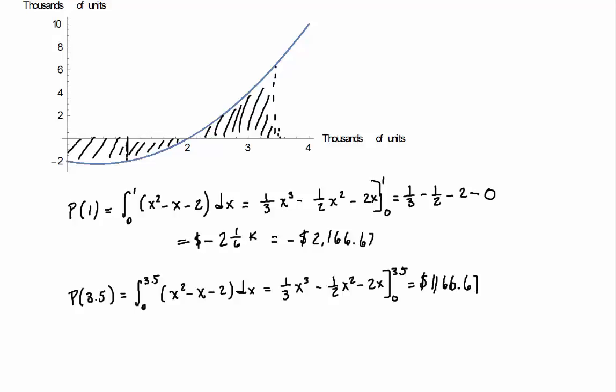Then it becomes positive, but you still have an accumulated negative profit until you get to a point perhaps around here where the positive area overcomes the negative area, and the profit at some point around here is 0. As I said, that's your equilibrium point, and past that point, if you consider this area negative and this one positive, the total becomes indeed positive, and that's what you want. You want your profit to be positive.